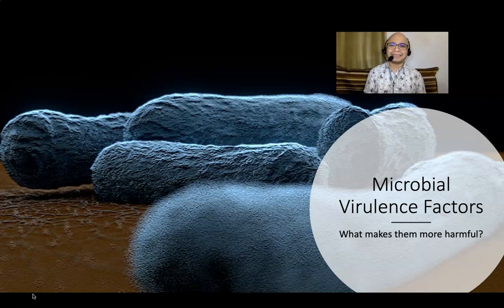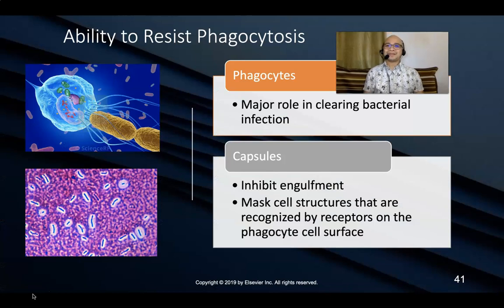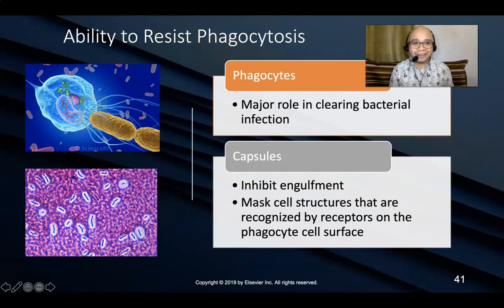And basically, we will answer the question: what makes these microorganisms more harmful? There are several virulence factors that make microorganisms harmful. One of them is their ability to resist phagocytosis.